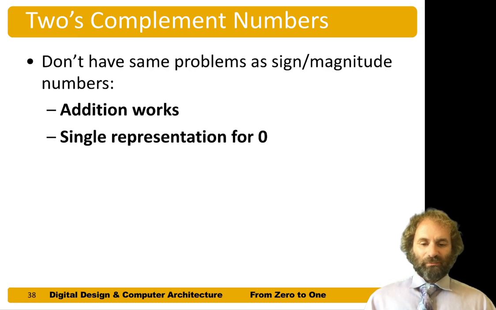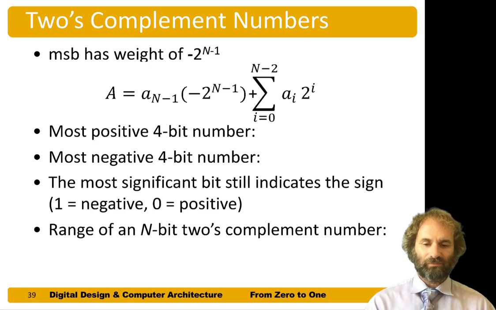2's complement numbers have fixed these problems. Addition works, and there's a single representation for 0. The way a 2's complement number works is the most significant bit has a weight of negative 2 to the n minus 1. So for example, in a 4-bit 2's complement number, the columns have weights of 1, 2, 4, and instead of 8, negative 8.